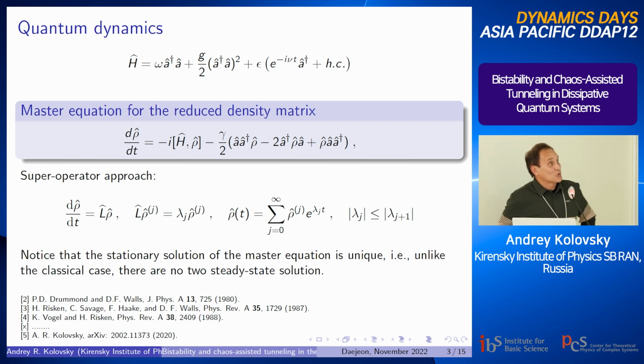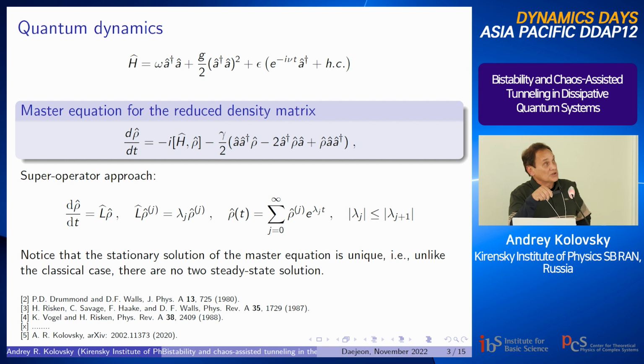Okay, the next step is to solve this master equation, and the standard approach is the so-called super-operator approach. All equations in quantum mechanics are linear, so we can rewrite this master equation in this form, where this capital Lambda is sometimes referred to as a super-operator, sometimes as a quantum Liouvillian, but one can easily construct it, even on a computer.